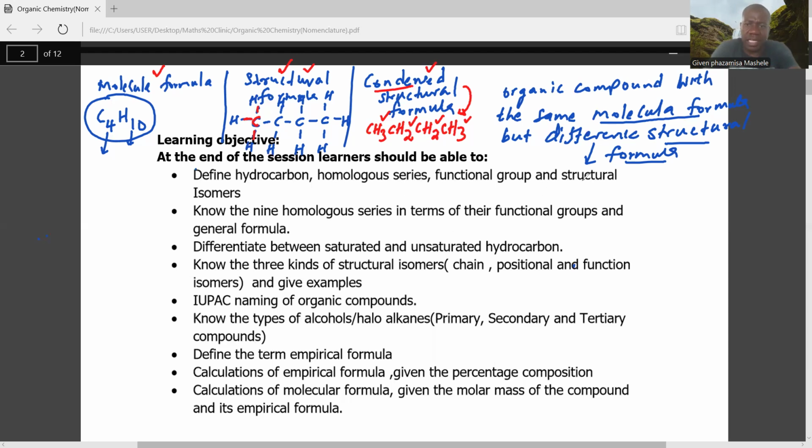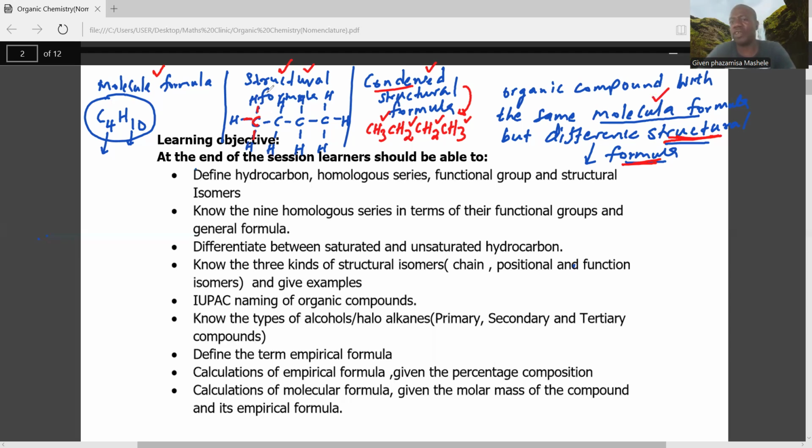All right. As I said, a structural isomer is an organic compound with the same molecular formula but different structural formulas. It has the same molecular formula, but the structure is different. We are going to talk about 3 types of structural isomer.